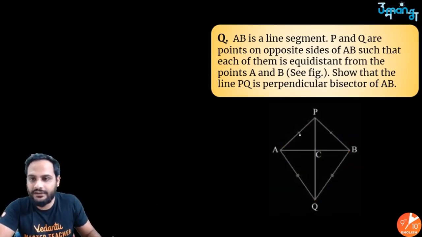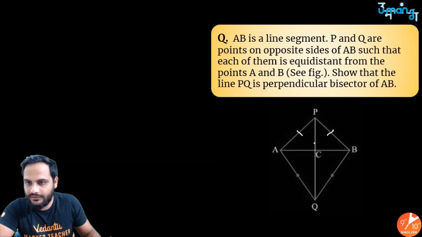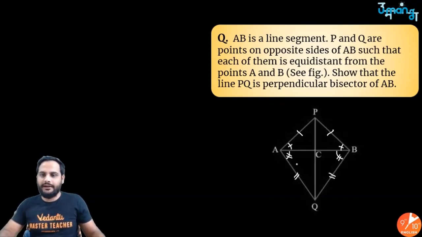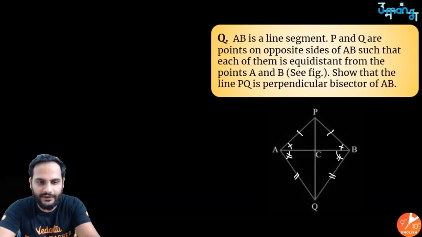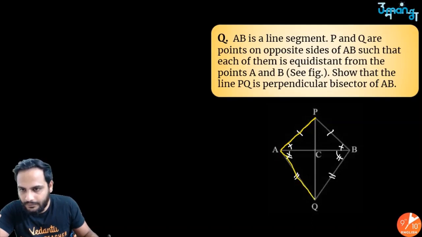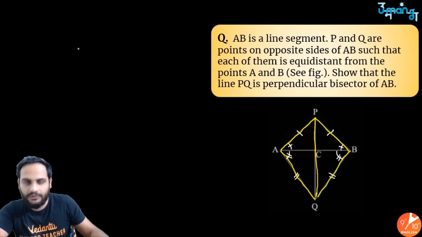Okay, let's move ahead now. As I was saying earlier, we know this side and this side are equal, this angle is equal to this angle, and overall angle PAQ and PBQ we have also got equal. Now let's take these two big triangles, PAQ and PBQ.